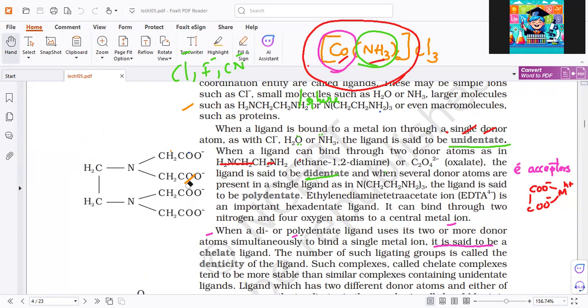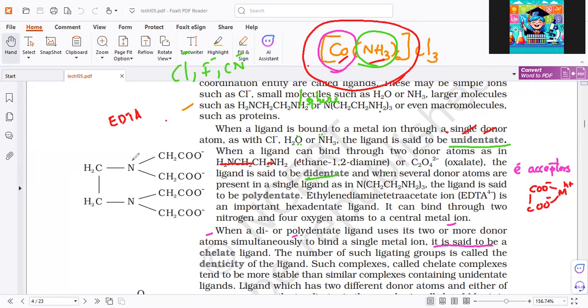So here, how many binding sites are there in this molecule, this ligand? So here, this is an example for polydentate ligand, EDTA 4 minus. It can go and bind with the metal atom through 6 atoms.